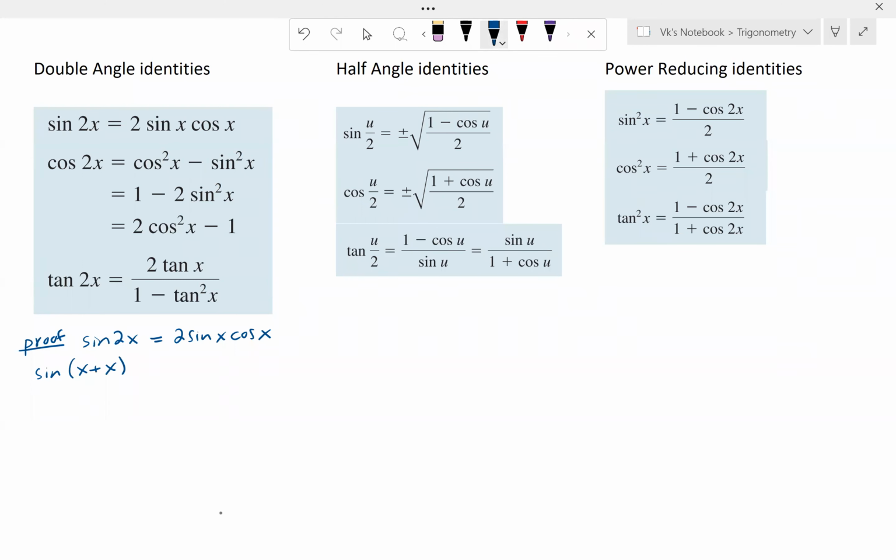And then we use the sum identity. Well, the sum identity tells us that this is sine x cosine x plus cosine x sine x, and that gives us exactly 2 sine x cosine x. Pretty cool.